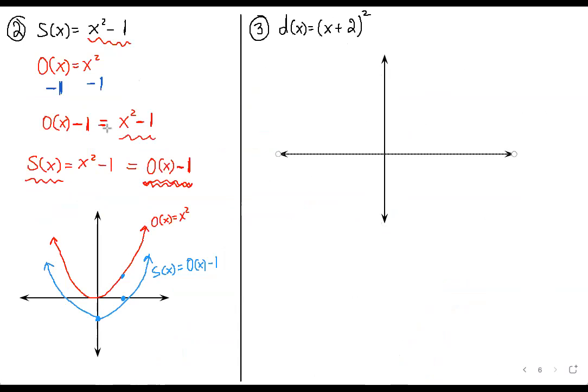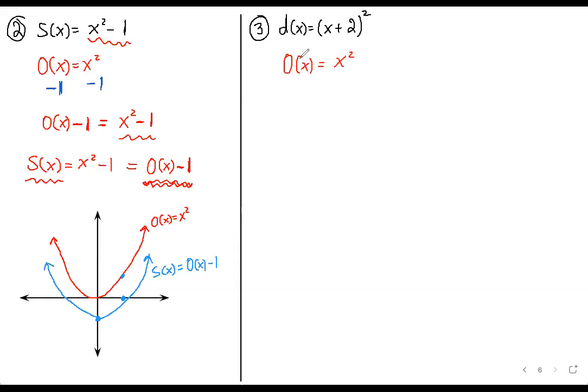So the same steps as before, before I graph this function. My original function again is x squared, right? Now x plus 2 is inside the parentheses.